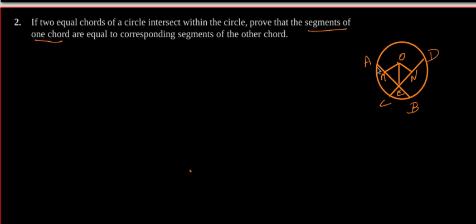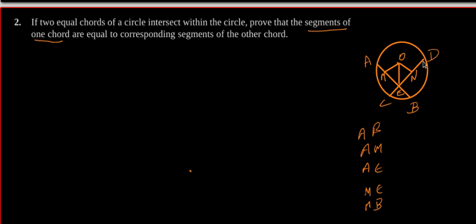That means here AB is a chord. If we take the chord AB, it has many segments. The segments are AB also one segment, the whole line segment, and AM, AE, ME, MB. So these are all the different segments on this chord.